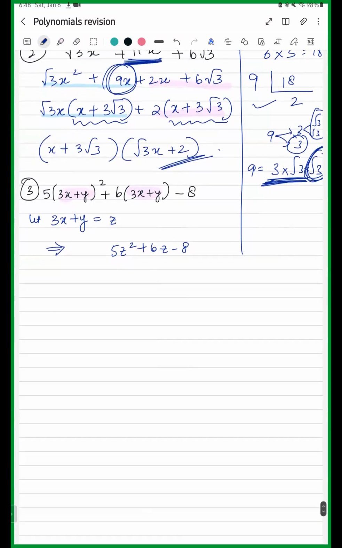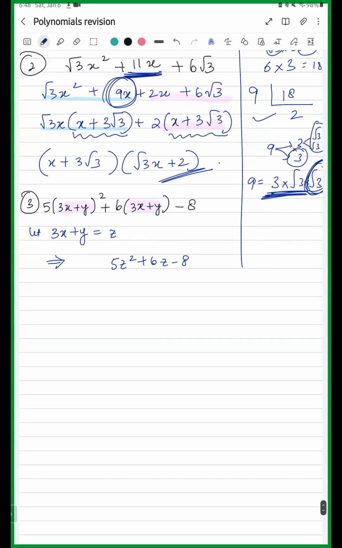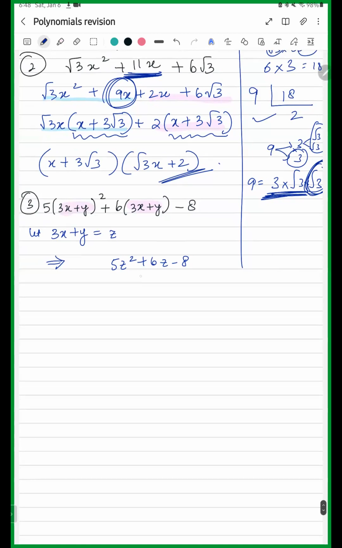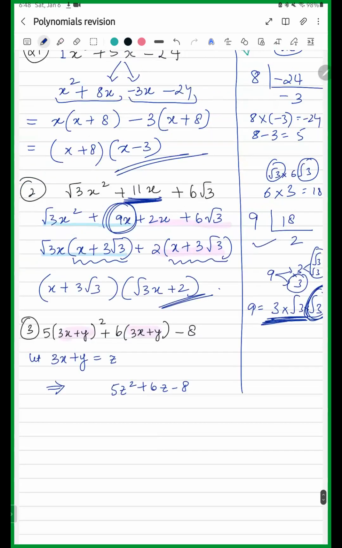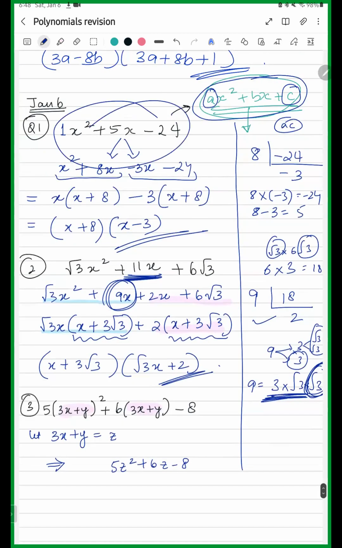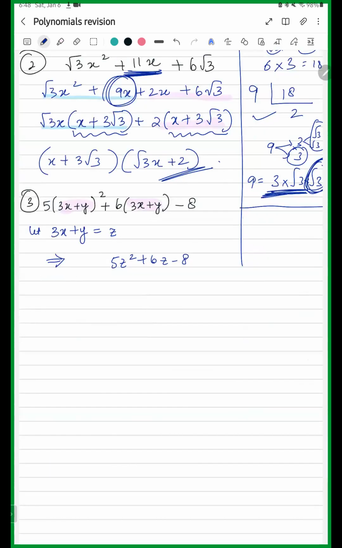All right. So now you can easily factorize this. This can be easily factorized because this is just of the same form that we have been doing. So let's do this. 5 multiplied by minus 8 is what? Minus 40. So let's take minus 40.